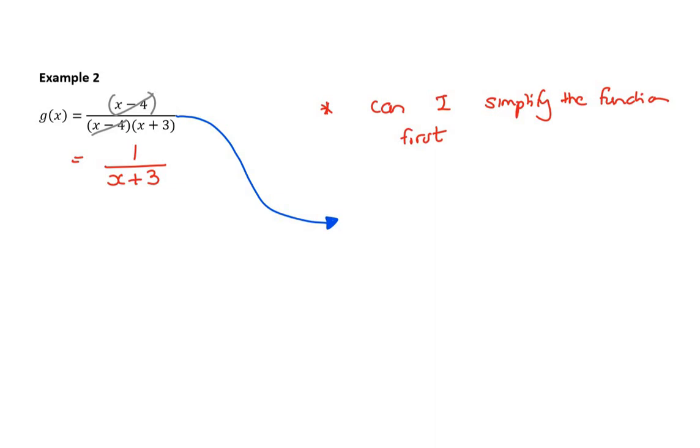So don't think that because you've cancelled out the x minus 4 that the number 4 is now magically allowed in the domain. I'm going to write myself a note here. The original function dictates the values for x that are not allowed in the domain.